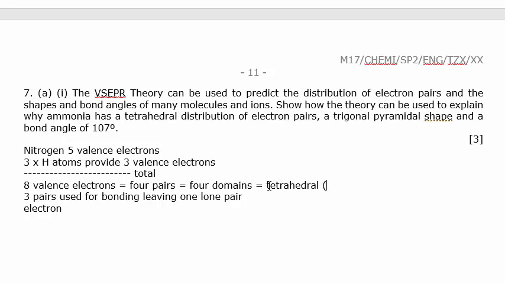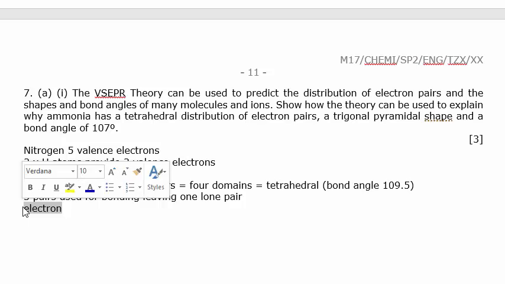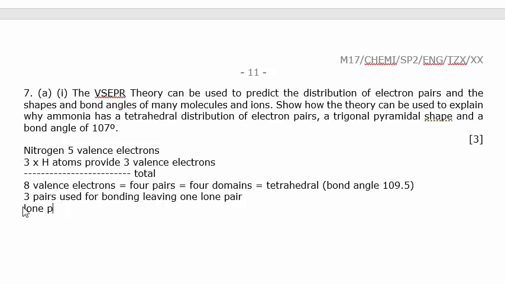Tetrahedral has a bond angle of 109.5. 3 leave 1 lone pair. If the 3 pairs are used for bonding, this gives us a molecular shape of trigonal pyramidal.